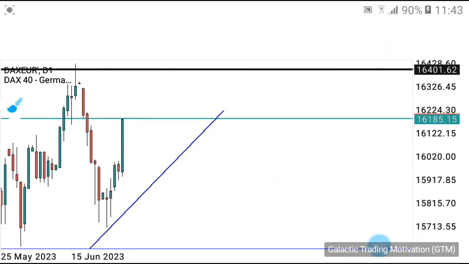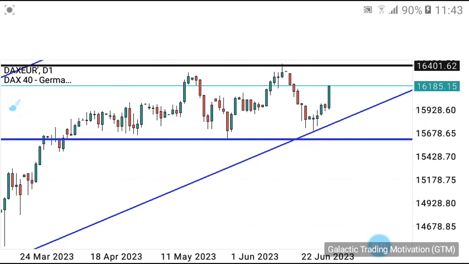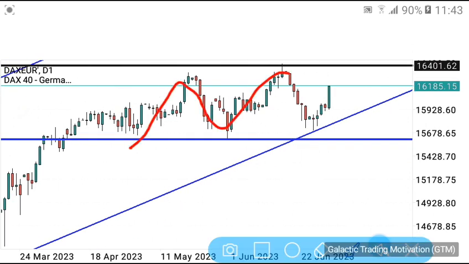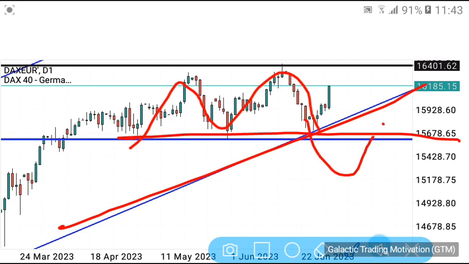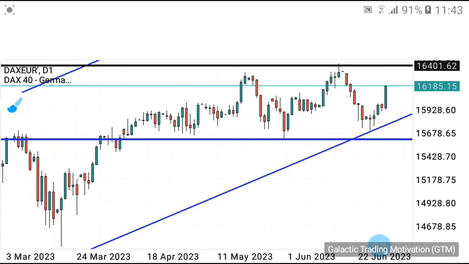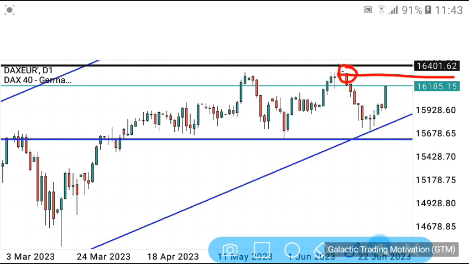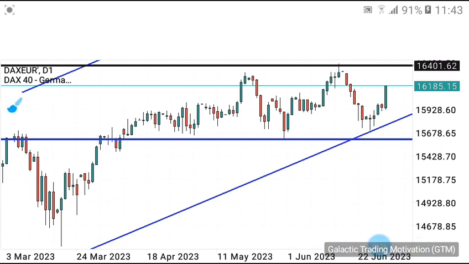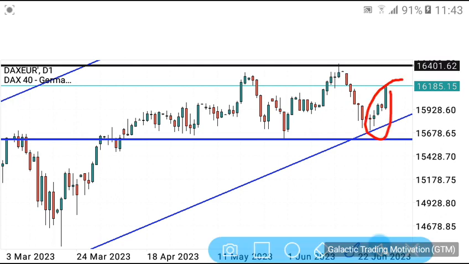That is why I'm saying that the best thing to do at this point in time is to actually wait for the market to close below this neckline and below this channel, and then we should look for those potential selling opportunities. But what else do we see on the daily chart that we should be paying attention to? On the daily chart, I can also see that we have another gap over here, right? And that gap also means there's a lot of money stuck there, and it actually explains why we're seeing this entire move to the upside.